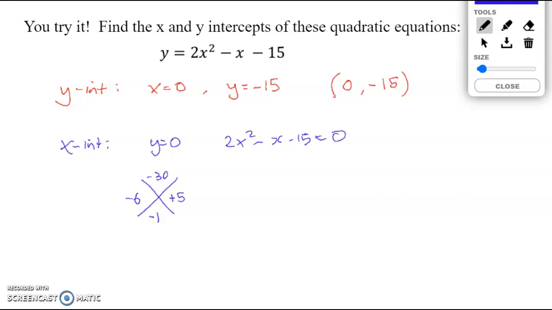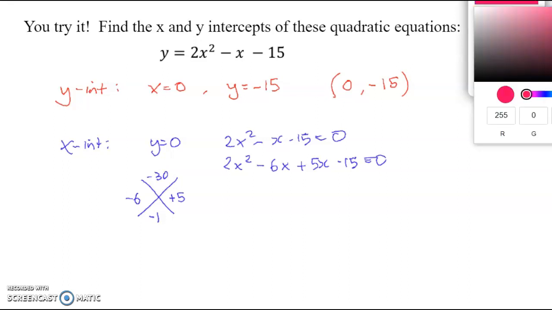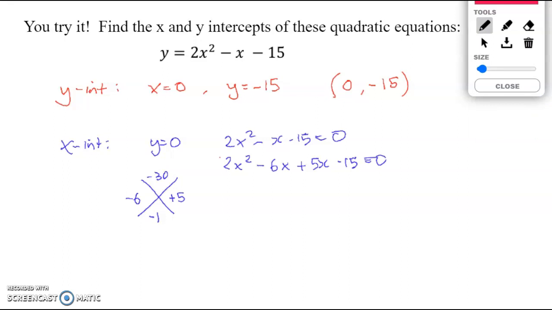So that means we are going to split the middle term as negative 6x plus 5x minus 15 equal to 0. Then we are going to look for the GCF of the first half, and then the GCF of the second half. In 2x squared minus 6x, 2 and 6, I can factor out 2.